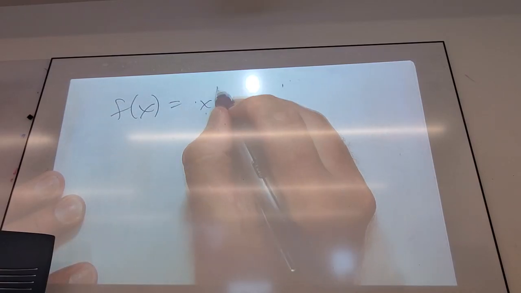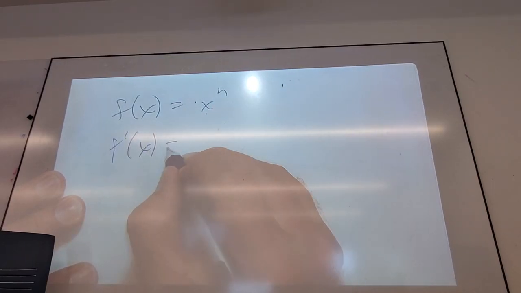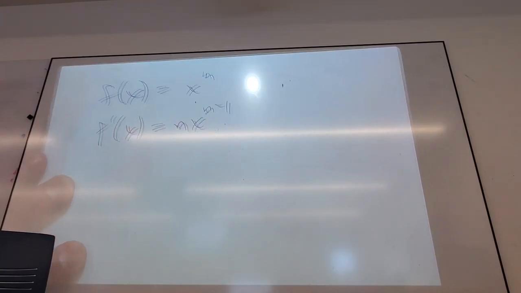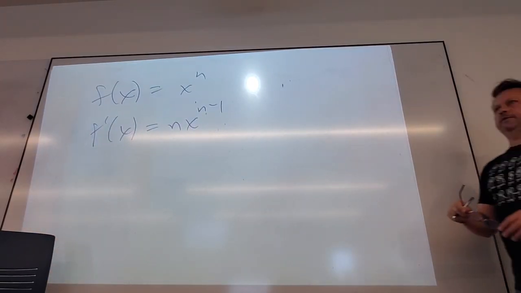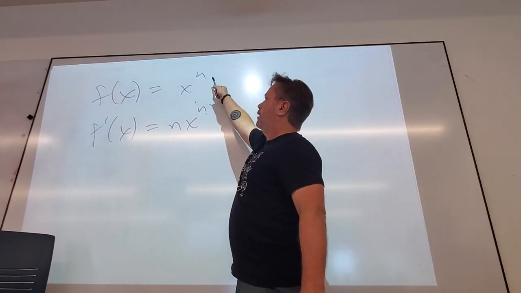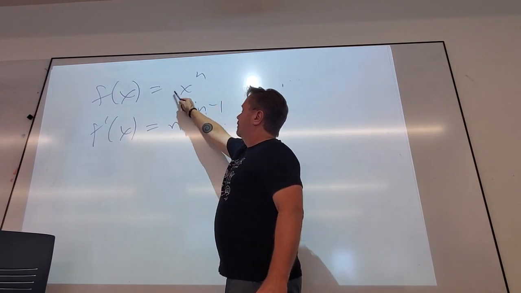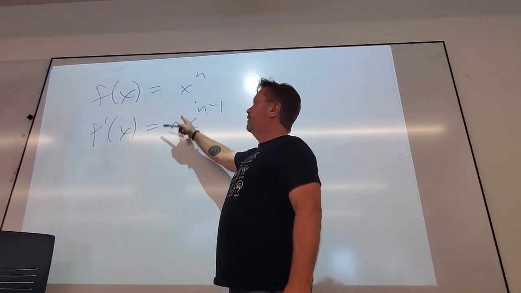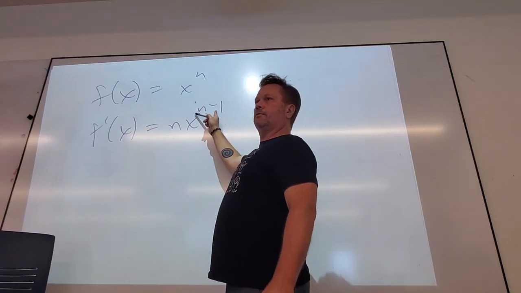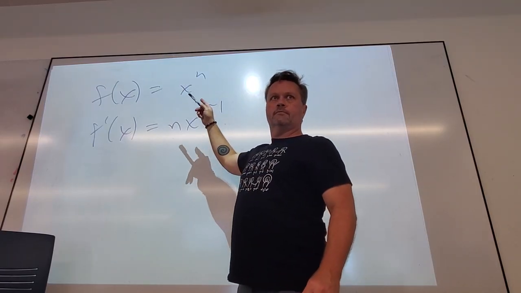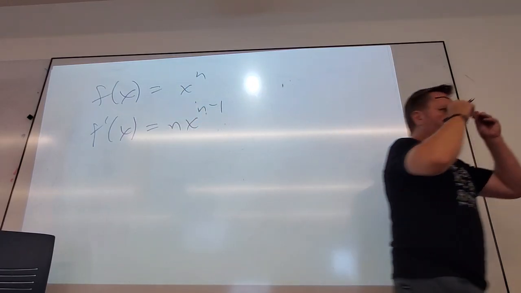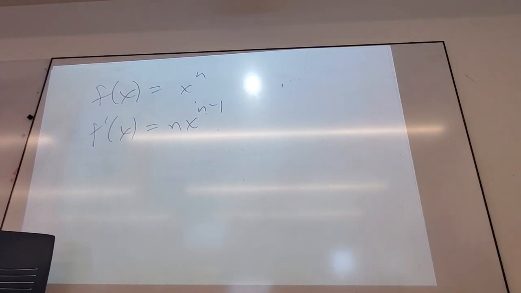So now we figured out f of x equals x to the n, f prime of x equals n x to the n minus 1. So what is a shortcut way to say what happens to x to a power? The power comes down, and then it goes down by 1. Before I do what I'm about to do, let's try a few of these out immediately.